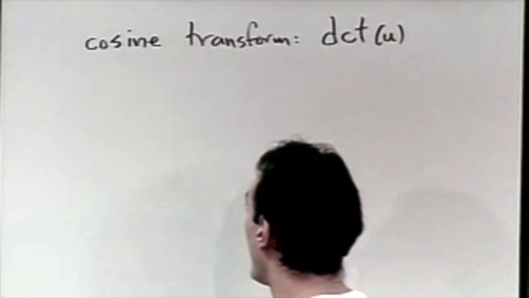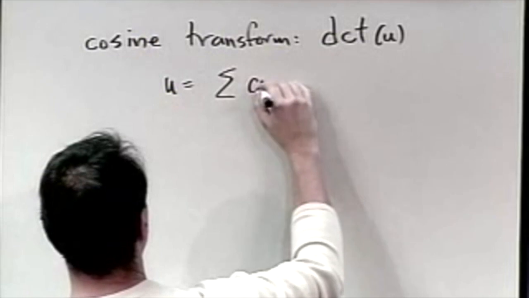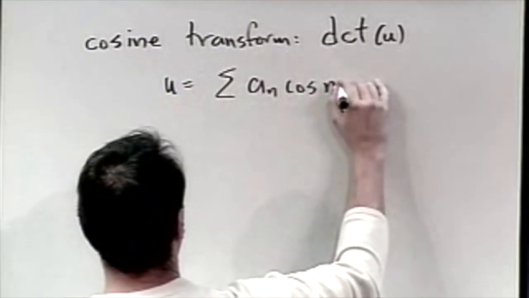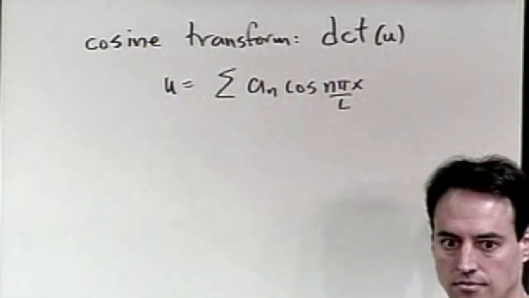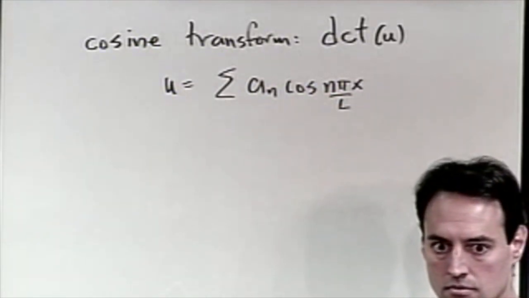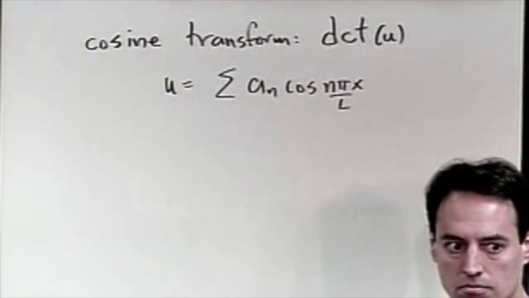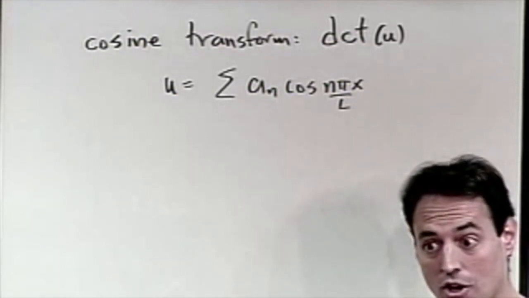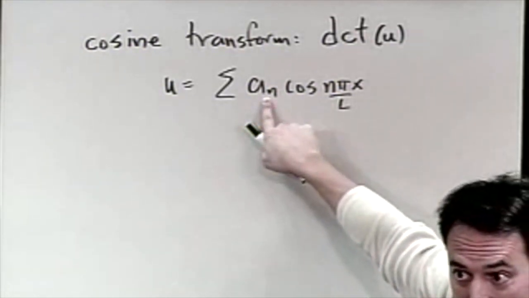But what it did is said, okay, how about allow your solution to just be written as a sum of cosines. This is what the discrete cosine transform allowed you to do. And what the discrete cosine transform algorithm did for you is essentially calculate all these A of n's.